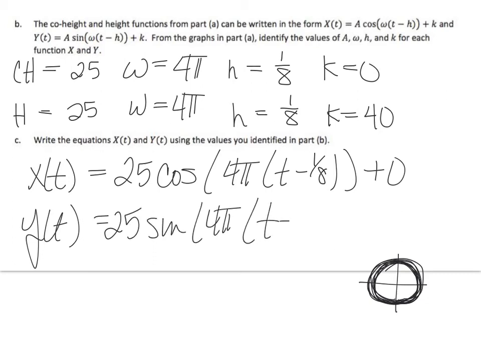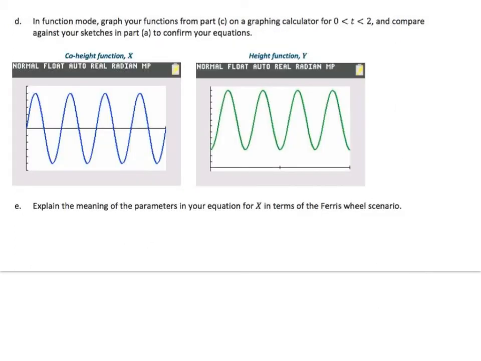For the height function, same amplitude, same shift, but we translated 40 up. Okay, go to mode and switch your calculator back to function mode, and you can graph your co-height function and your height function, and you'll get the pictures shown here. Okay, it's a fun exercise.